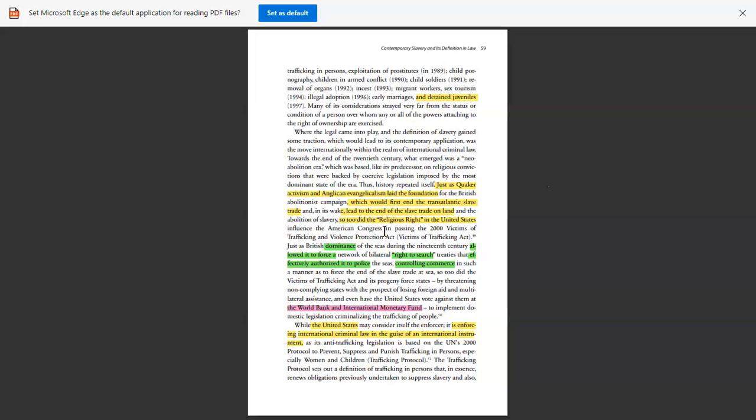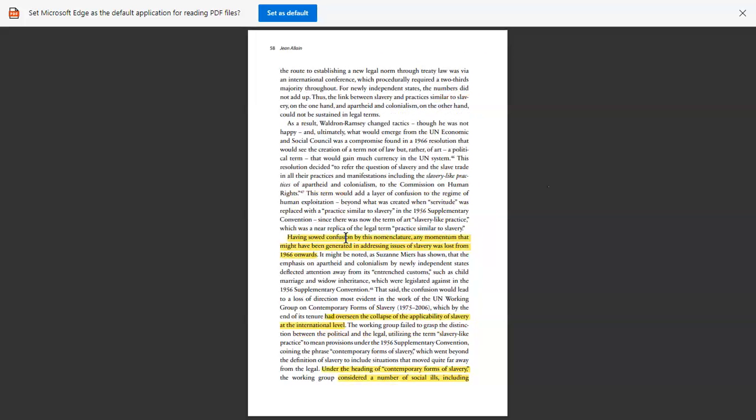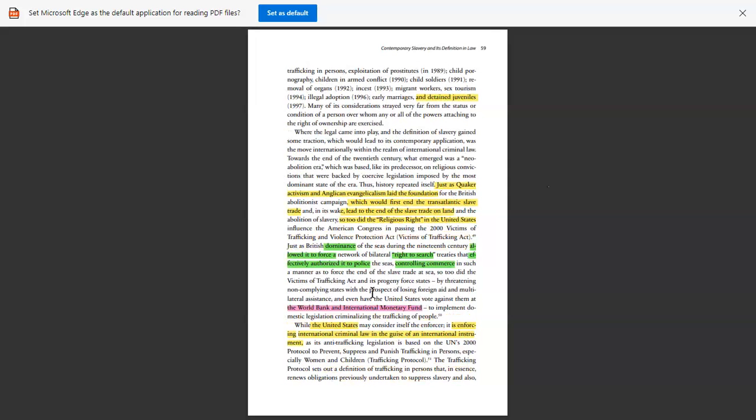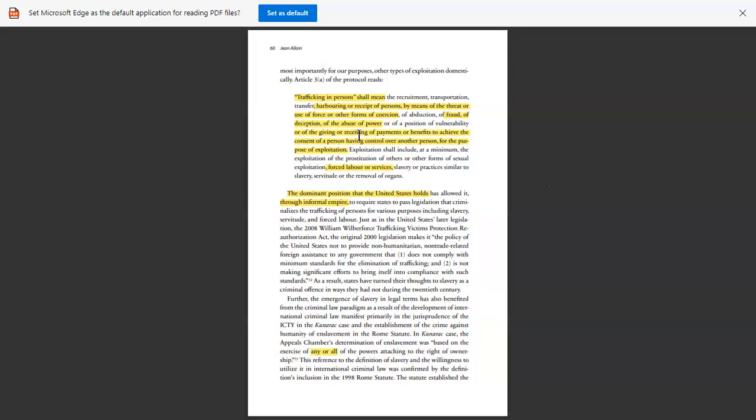And so, again, recognizing that they just said that through the seeds of confusion, the collapse of the applicability of slavery at the international level, here the United States is using the guise of an international instrument to enforce international criminal law.